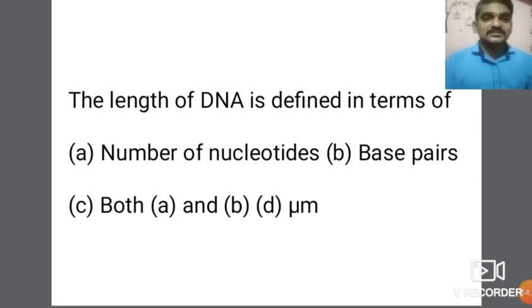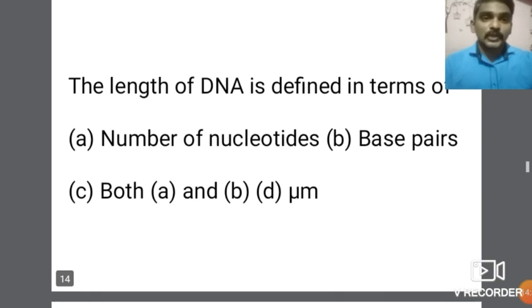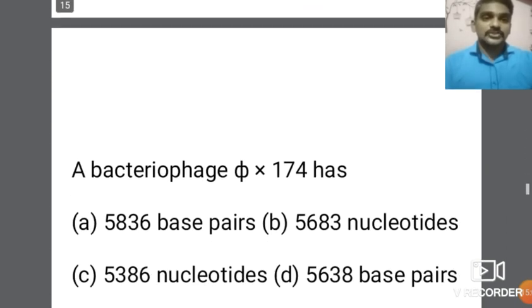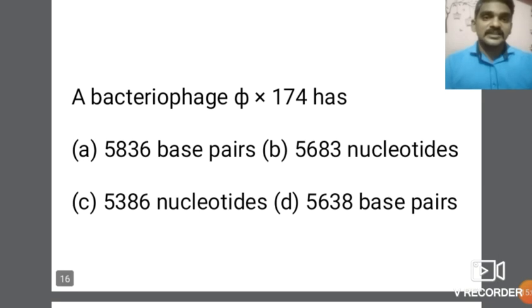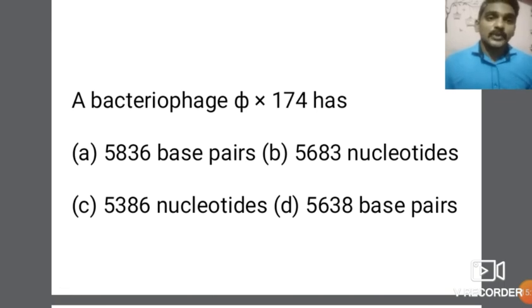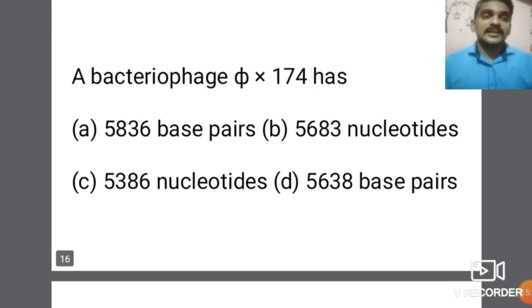If they ask generally RNA, single stranded RNA will be there, so nucleotides. Double stranded RNA means base pairs. Based on the question, you have to answer. Now the next question: bacteriophage phi X 174 has how many nucleotides or base pairs in its genetic content.